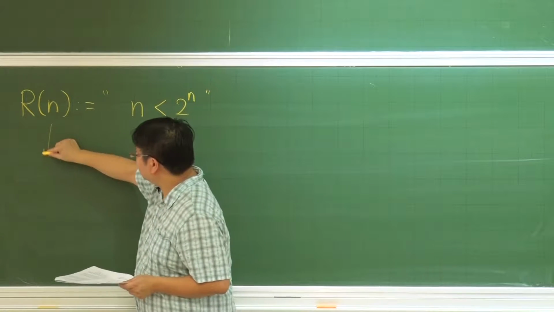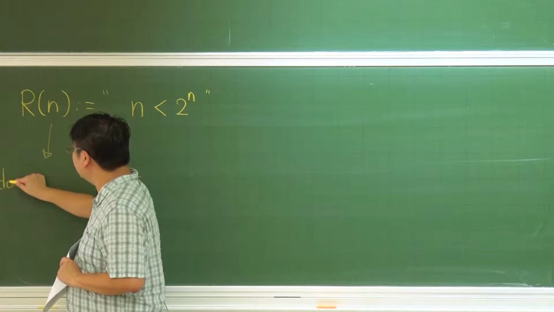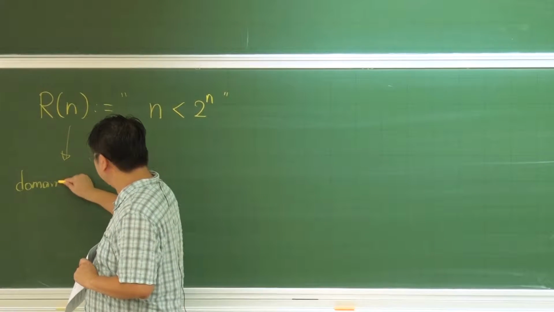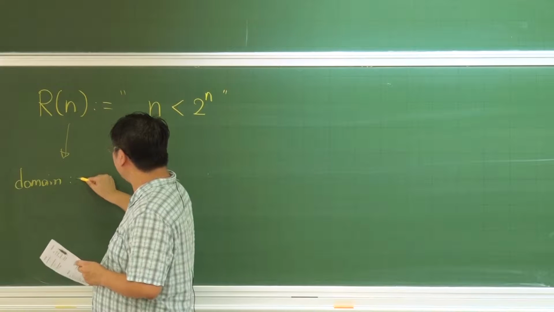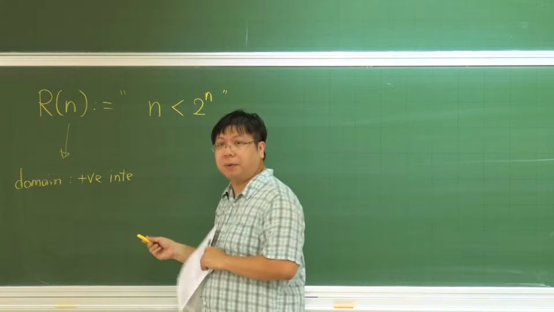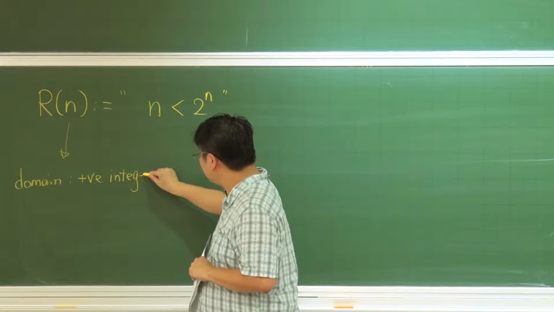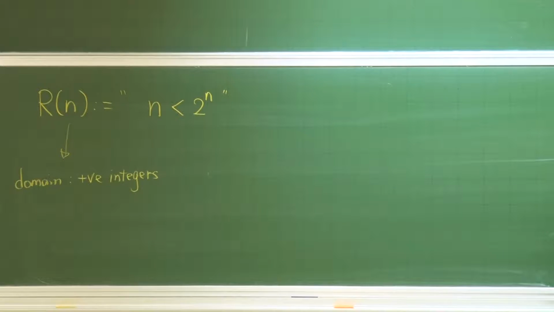And then the domain: here the domain is positive integers, so we only consider n to be positive integers. So R(n) is the statement n is less than 2 to the power n.